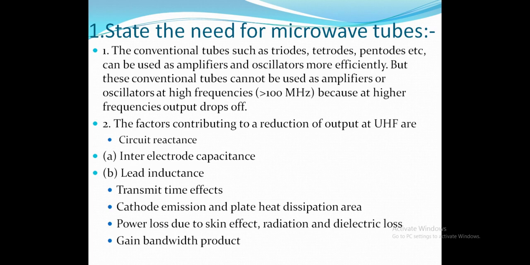They use transit time in the conversion of DC power to radio frequency power. The interchange of power is accomplished using the principle of electron velocity modulation and low loss resonant cavities in the microwave tube. Okay, so this is about the need for microwave tubes.